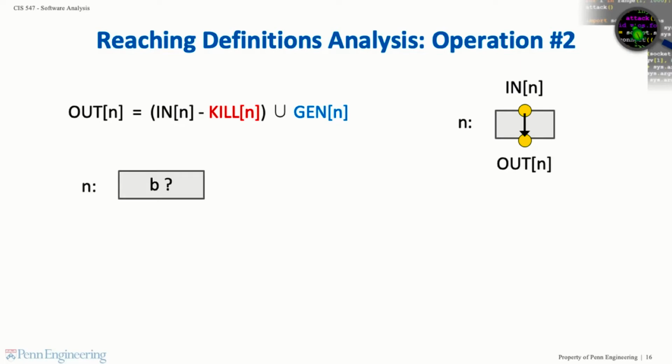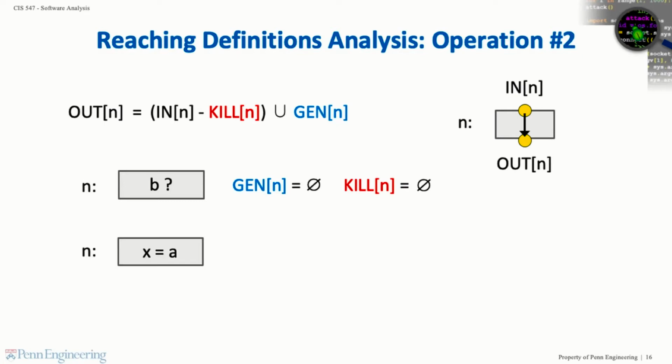If the statement at node n is a condition, then both the gen and kill sets are empty, since there are no definitions overwritten or generated by a condition statement. So in this case, the set out of n will equal the set in of n. If the statement at node n is an assignment of the form x is assigned a, then the gen and kill sets are more interesting.